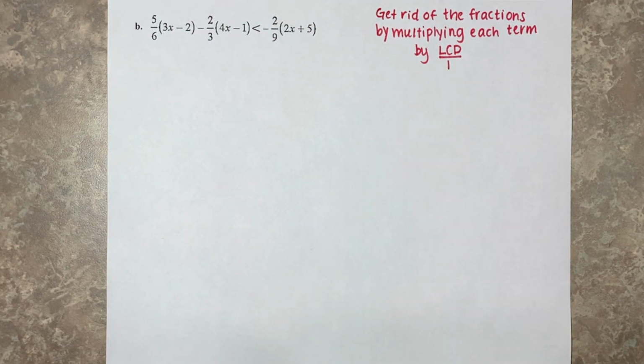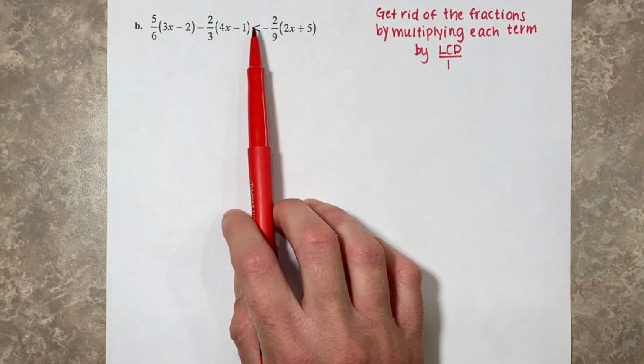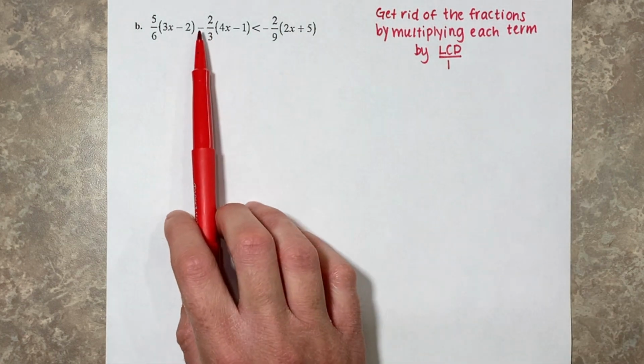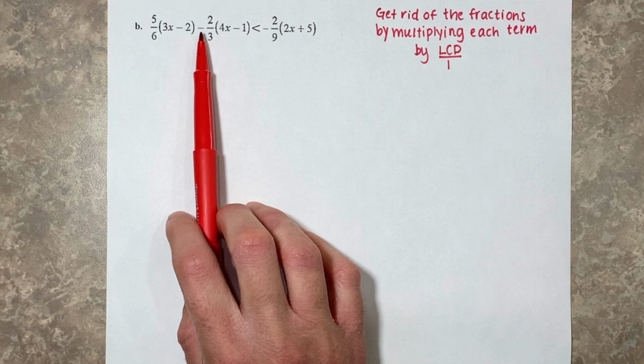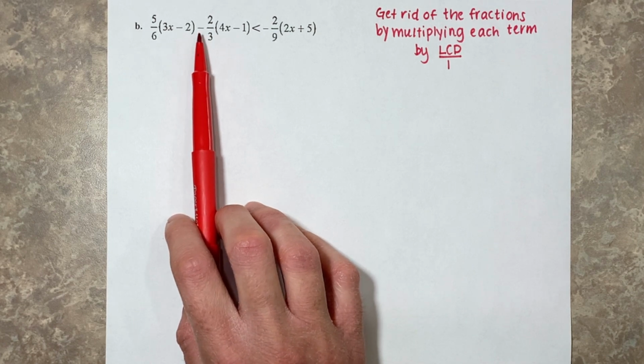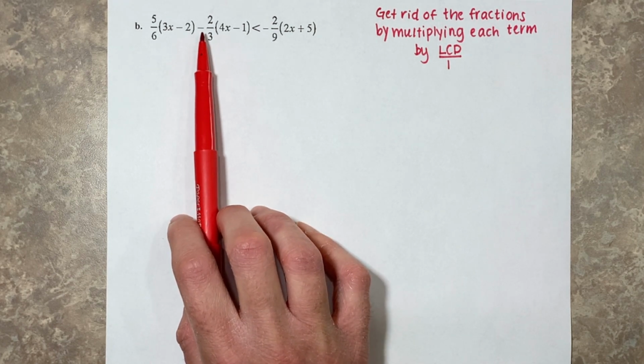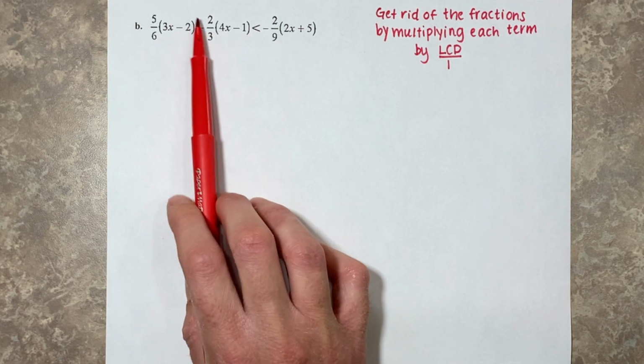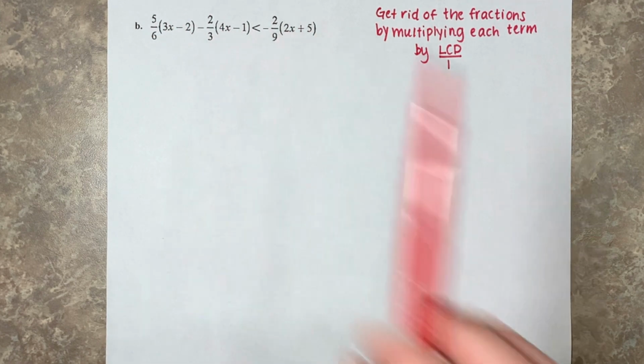Now when we multiply each term by the LCD over 1, the terms that we're looking for are going to be quantities separated by either inequality symbols, like we see here, or quantities separated by addition or subtraction symbols that are outside of parentheses, like we see here. So this subtraction symbol that's outside of parentheses and this inequality symbol gives us 1, 2, 3 terms here.